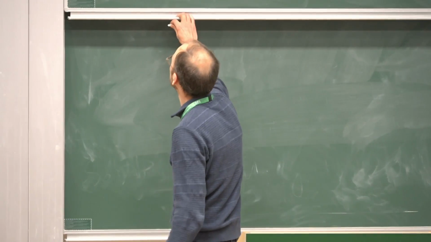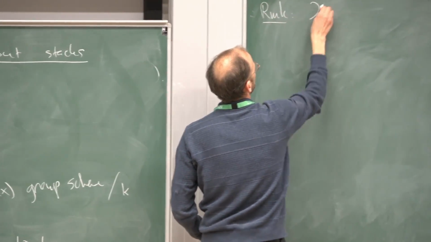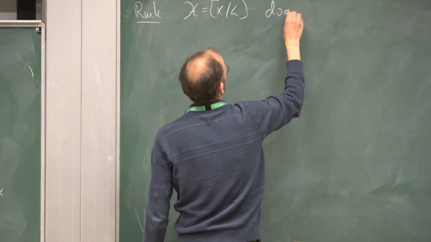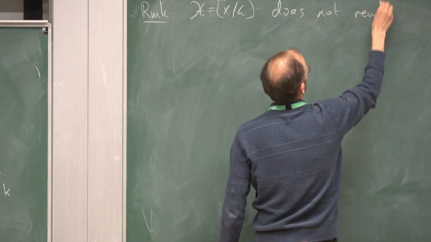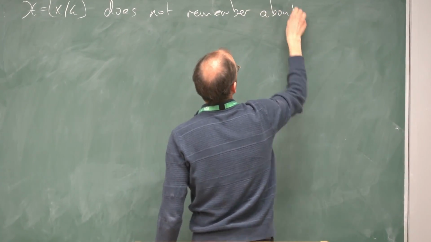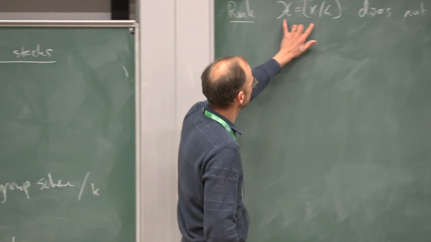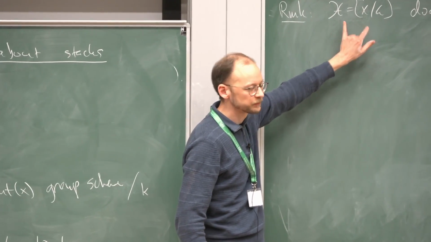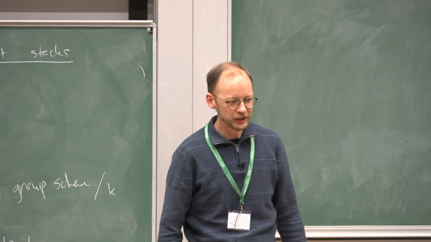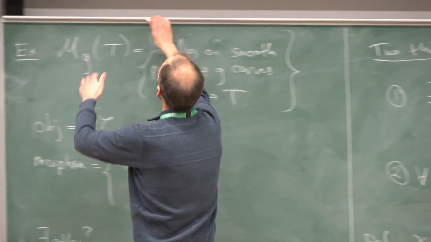But X itself does not remember about G. So this equality, or this isomorphism, is extra data on X. But you haven't actually defined the quotient stack yet. I haven't told you what it is. So perhaps I could do it here.